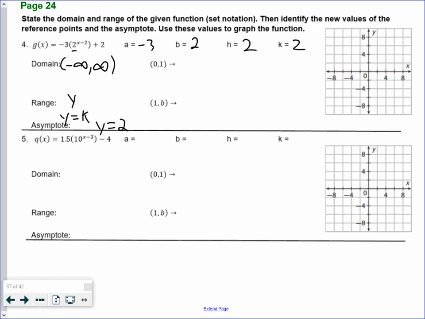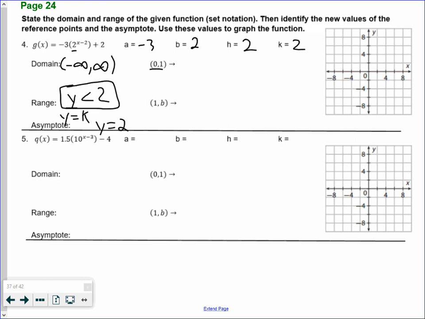So our a here is negative, so that means we're below the asymptote. So that means our function of y is going to be less than our asymptote of 2. So that right there is our range. Our y is less than our asymptote at 2, and that's because we have a negative a value, so we're reflected over the x-axis, so we're below the asymptote.